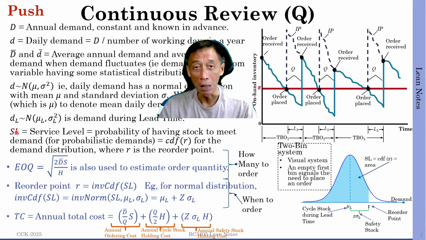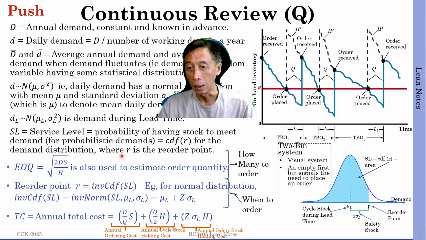So we set our service level to be 95%, right? Assuming demand during lead time follows a normal distribution with 100 average tires sold, standard deviation for 5 days is 20, let's say, and then you calculate, right? So what should be my reorder point?